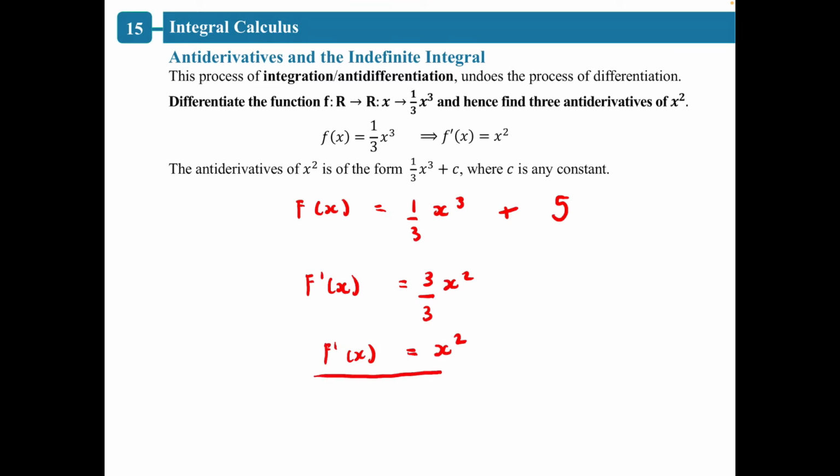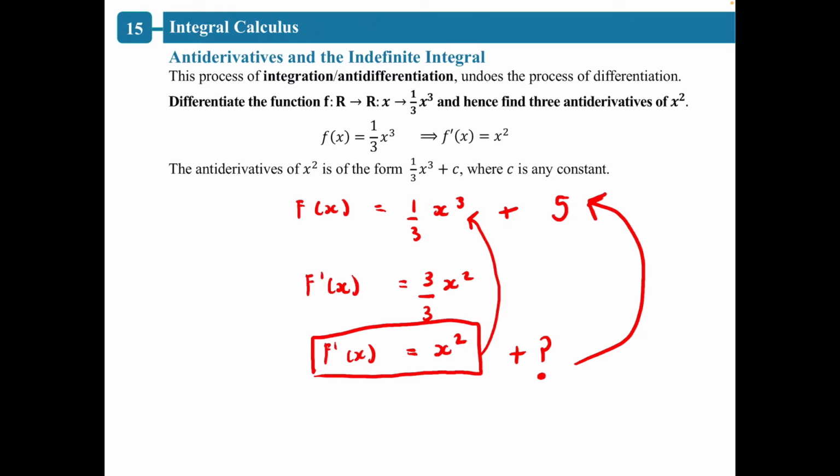I have my derivative, and I want to find my antiderivative. This means I want to undo the process of differentiation. I am given the derivative of x squared, and I want to work backwards to see what the original function is. In this case, my antiderivative of x squared would become 1/3 x to the power of 3.